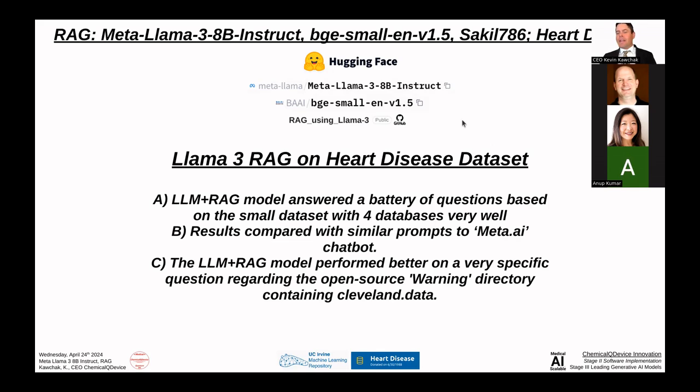And that wasn't something that I originally thought. However, when I gave it this one very specific question about what happened to the Cleveland.data file inside the data set, there's a small file you open up and it says exactly.